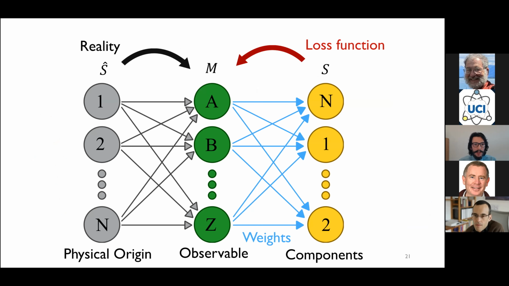And if we take a look at maybe a flow diagram of what this looks like, in reality, there are all these different chemical components or different chemical features, and they come together to make that observable in the green there. And what we're doing is really working backwards, and we're using a loss function to do this. Our loss function is, of course, trying to get that yellow block there, an S, the little components and the weights of those components, to match up with the observable.